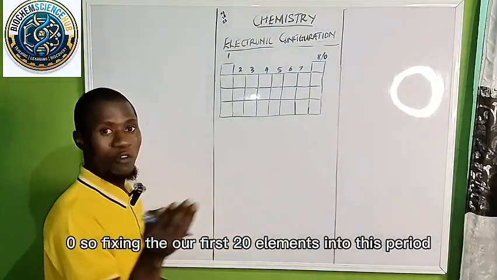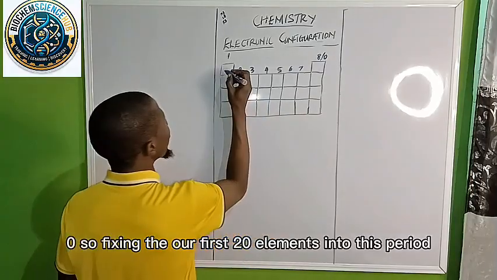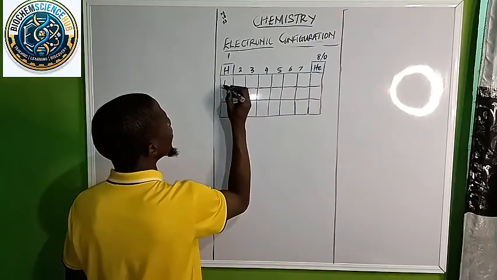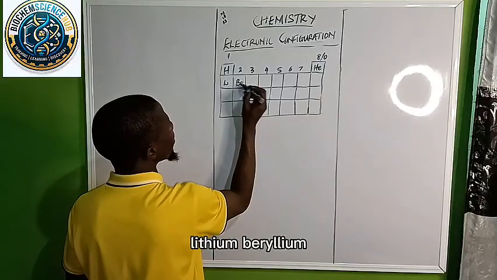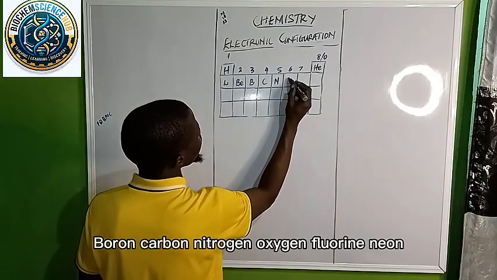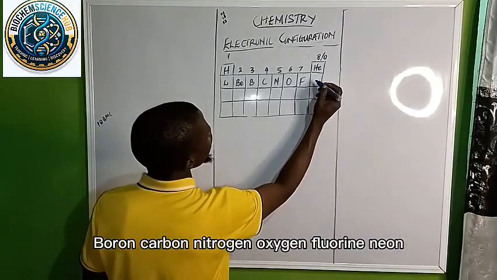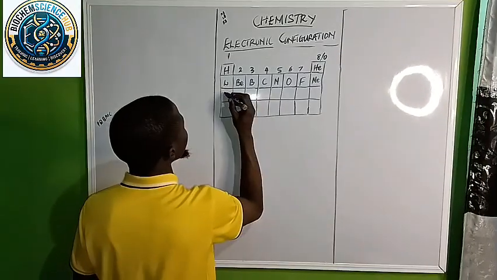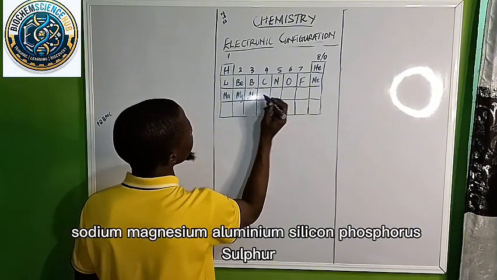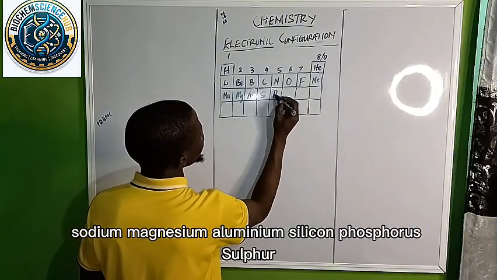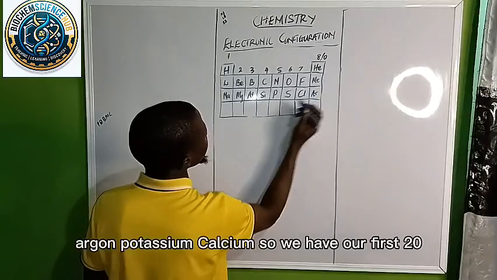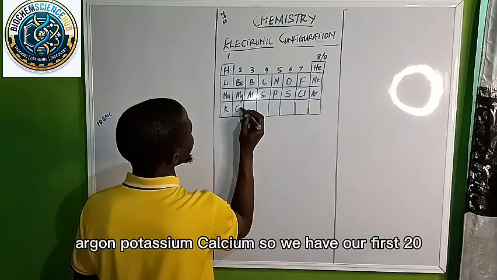So fixing our first 20 elements into this table, let's go. Hydrogen, helium, lithium, beryllium, boron, carbon, nitrogen, oxygen, fluorine, neon, sodium, magnesium, aluminium, silicon, phosphorus, sulfur, chlorine, argon, potassium, calcium.